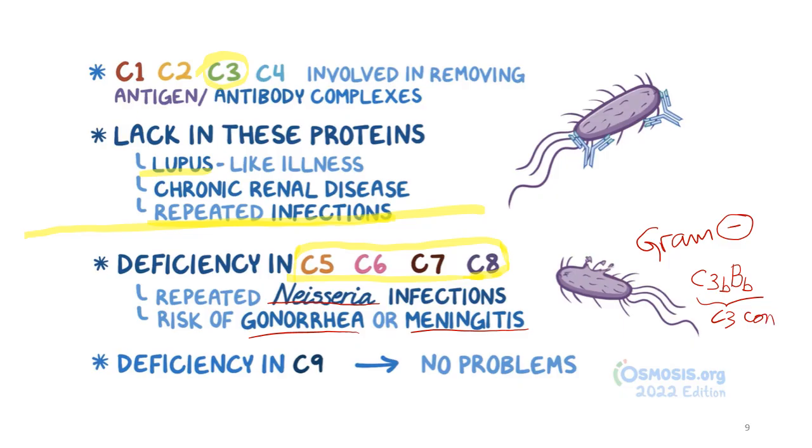C3 convertase. But then, when you get more C3b on the surface, you can get another C3b that gets here. And this here, yeah, watch the name, right? C3b, Bb, C3b. That is your C5 convertase.